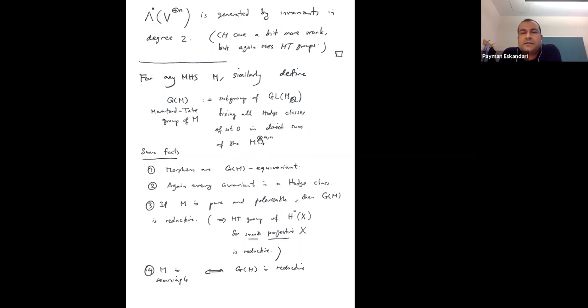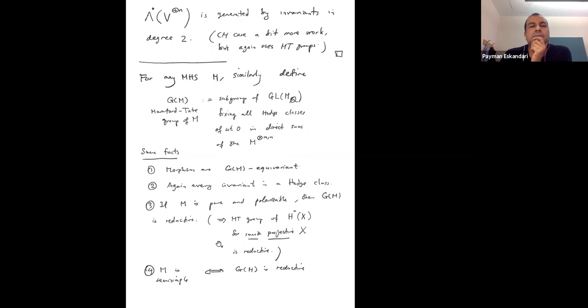So this by definition means M tensor M, tensored with M dual tensor M. So again, you're taking tensor powers of M and its dual. So the Mumford-Tate group of M again is the subgroup that fixes all those Hodge classes.